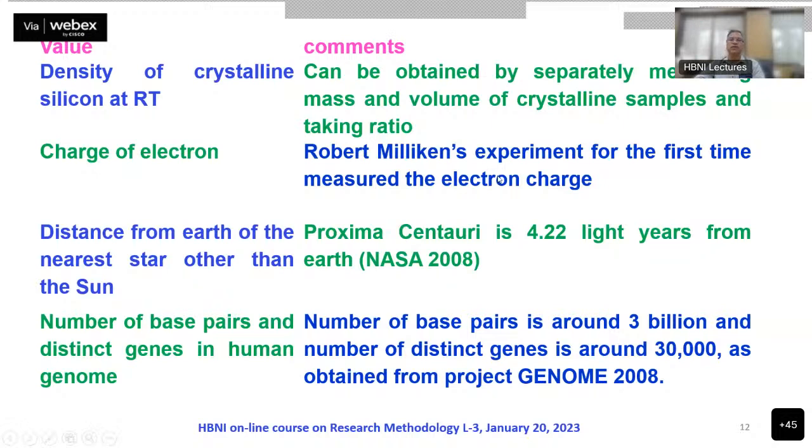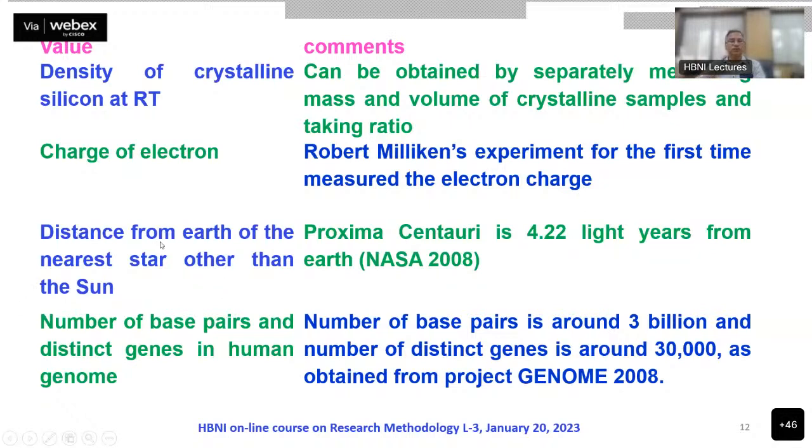But at that time, that was the most accurate value. And after a few decades, it was corrected by taking care of the temperature dependence of the speed of the falling drop, the buoyancy of the air, because air density will change with temperature.